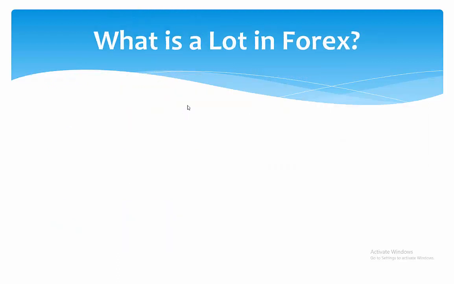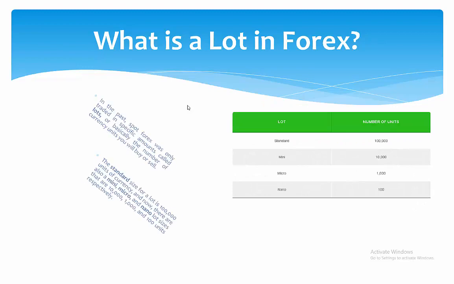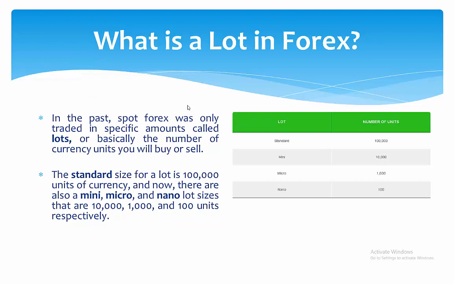What is a lot in forex? In the past, spot forex was only traded in specific amounts called lots, or basically the number of currency units you will buy or sell. The standard size for a lot is 100,000 units of currency, and now there are also mini, micro and nano lot sizes that are 10,000, 1,000 and 100 units respectively.